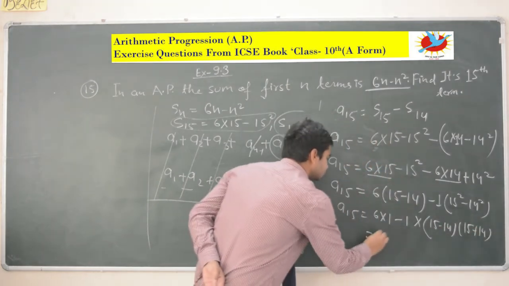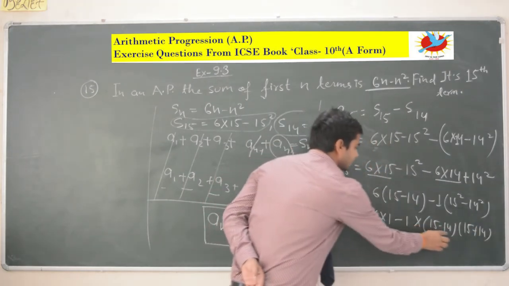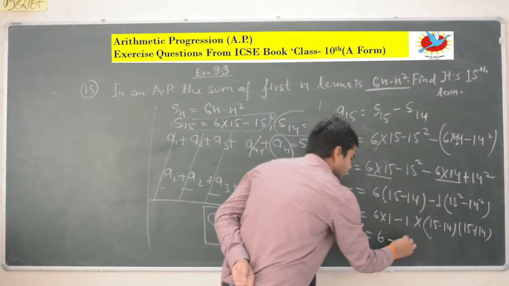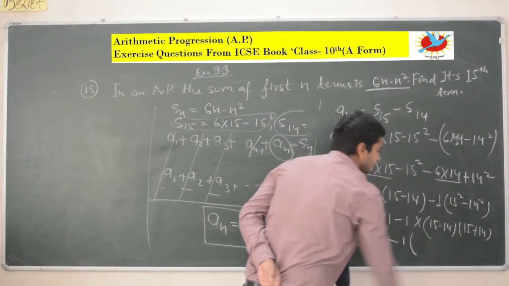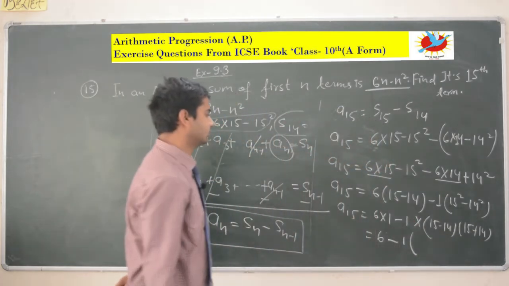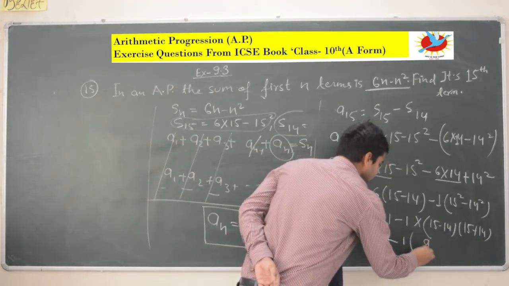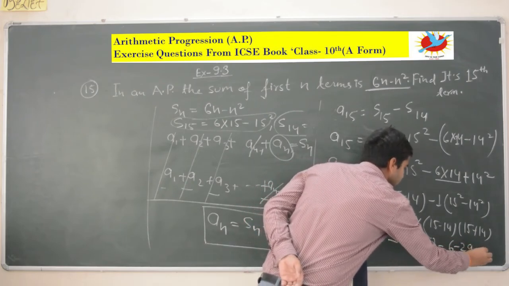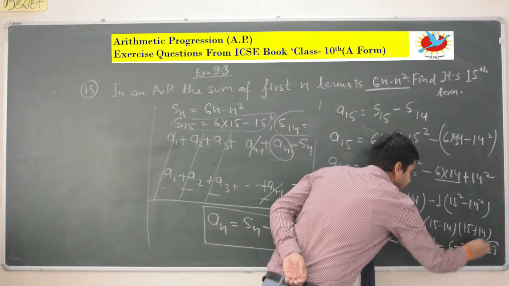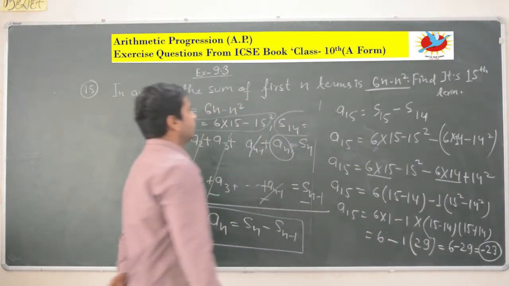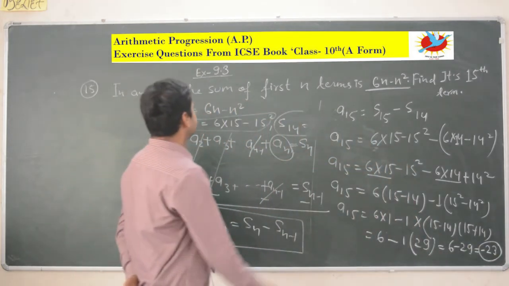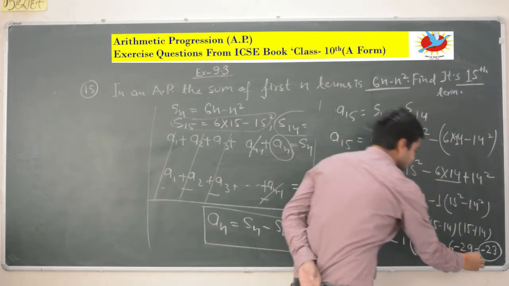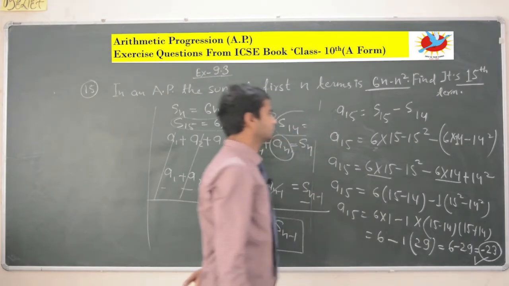So this will be 6 minus 1 into 1 into 29. The answer is 6 minus 29, and this will be minus 23. So the 15th term for this sequence is minus 23. Okay, so this is the answer.